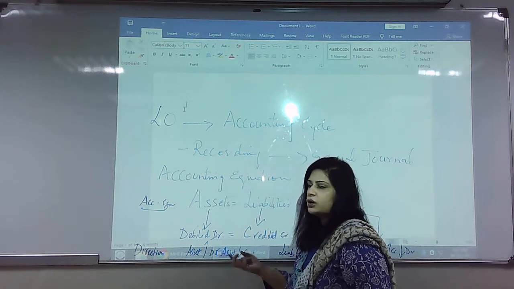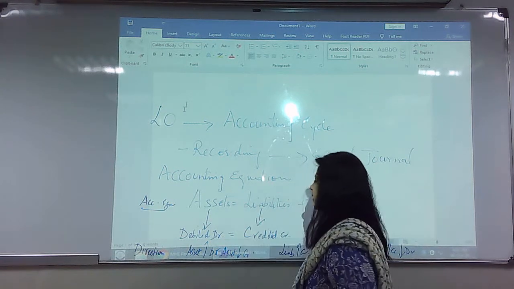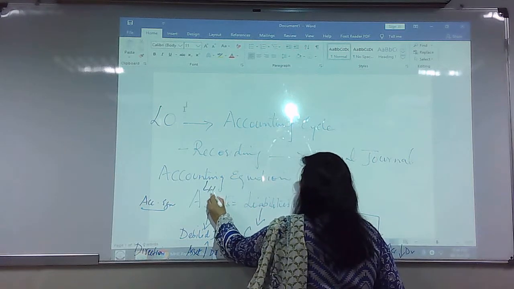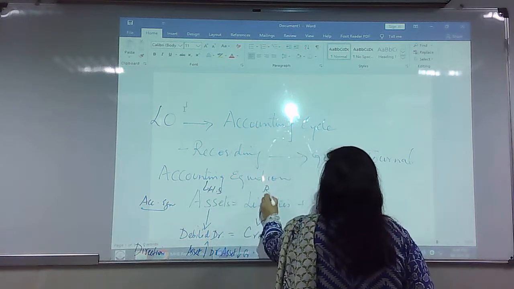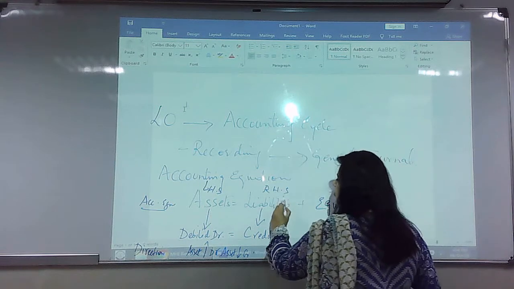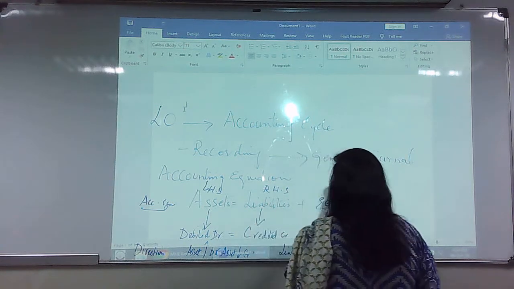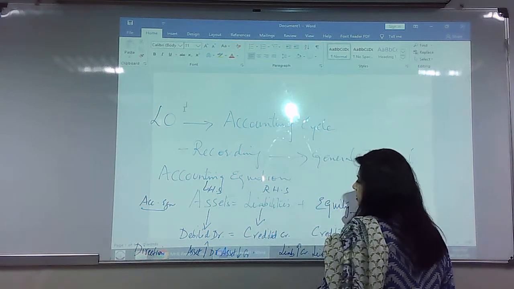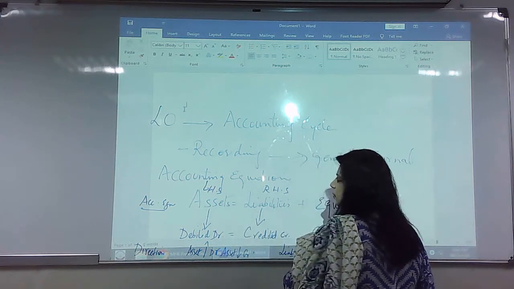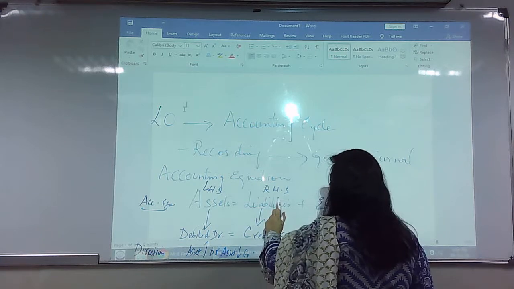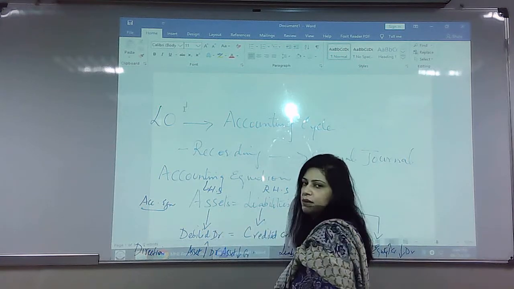Just like in math, when you are going from the left-hand side to the right-hand side. So let's just say this was the left-hand side, and this is the right-hand side. So if you shift here, you change the sign to negative, right? So if A is equal to B plus C, and A moves here, it's going to be minus A. And if B moves here, it's going to be minus B, okay?